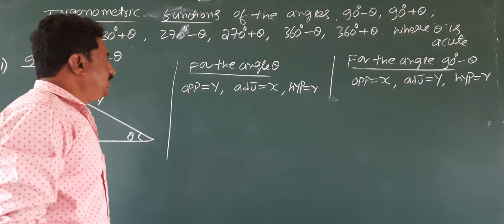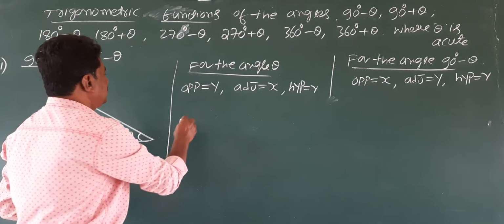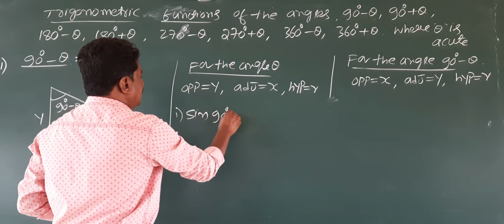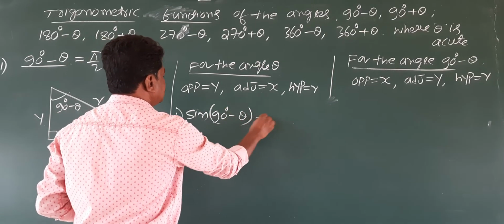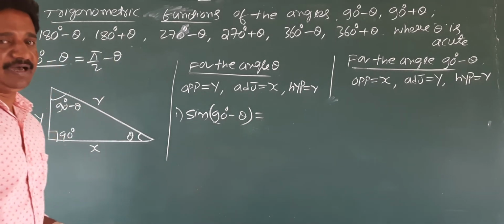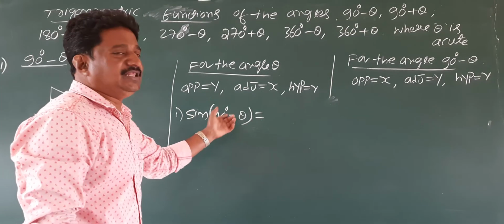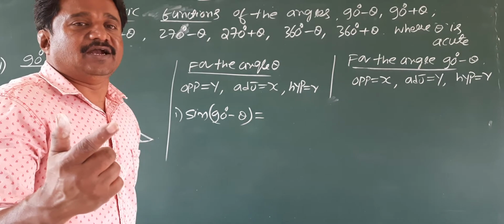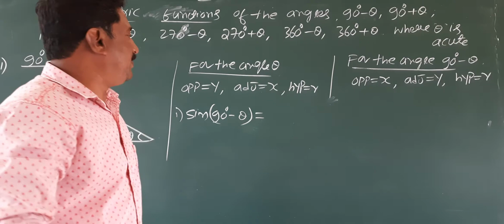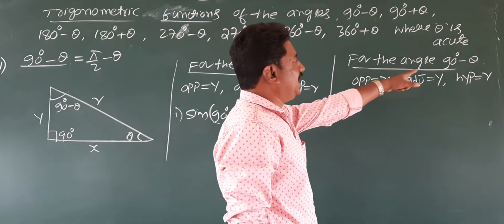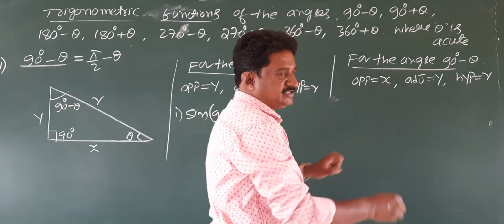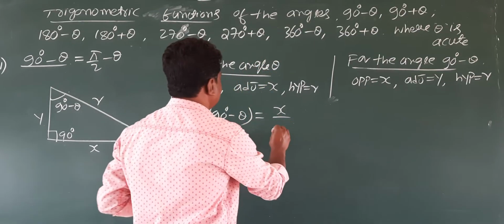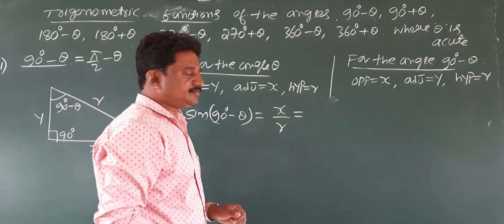So now take sin 90 degree minus theta. What is sin theta in general? Opposite by hypotenuse. For the angle 90 degree minus theta, opposite side is x, so x by hypotenuse r.